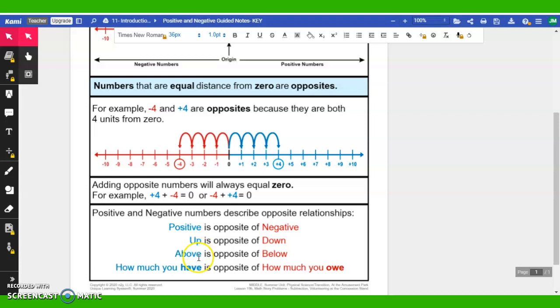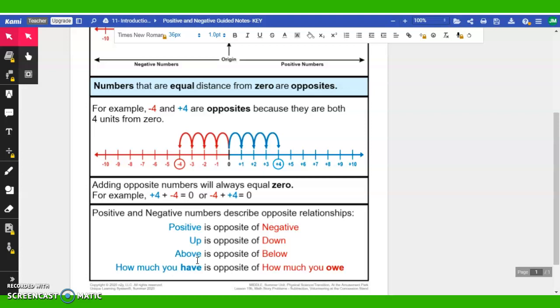If you're talking about above, for example, the temperature rose 4 degrees above 90 degrees, that means it went up 4 degrees, which is very hot, which we're probably experiencing now.